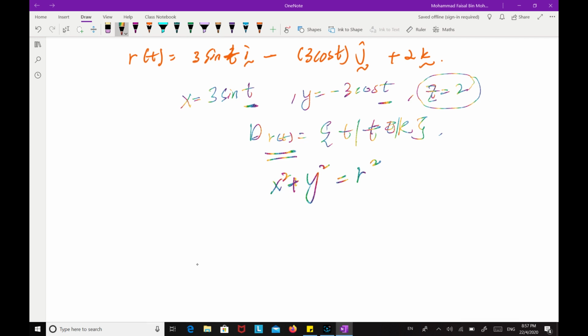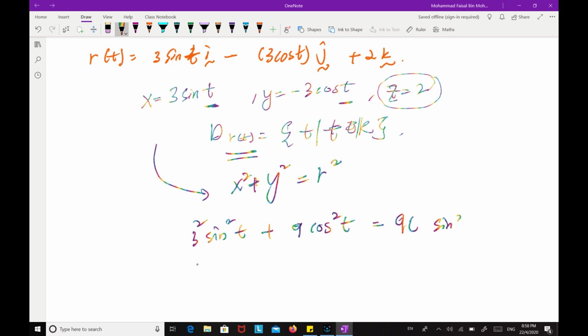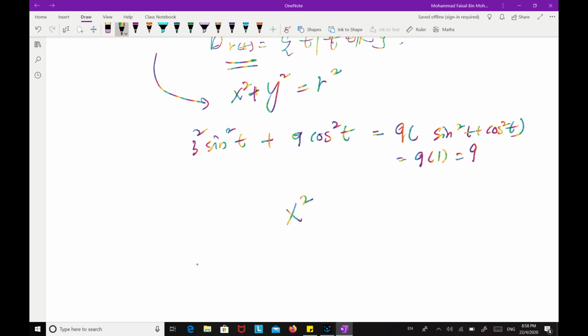So you just substitute x, y and z: 3 squared sin squared t plus negative 3 squared cos squared t equals 9, and then sin squared t plus cos squared t equals 1. Okay, 9 times 1 is 9. So we have x squared plus y squared equals 9.